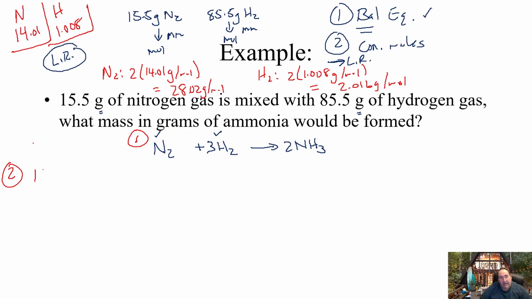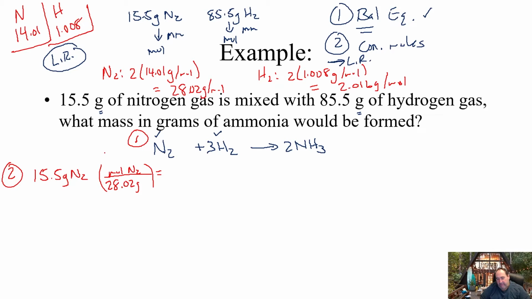So I'm going to take my 15.5 grams of nitrogen, going to use the molar mass here from the periodic table, and that's going to give me a 28.02 grams per mole, making sure I set it up sort of dimensional analysis so I can see the units canceling.